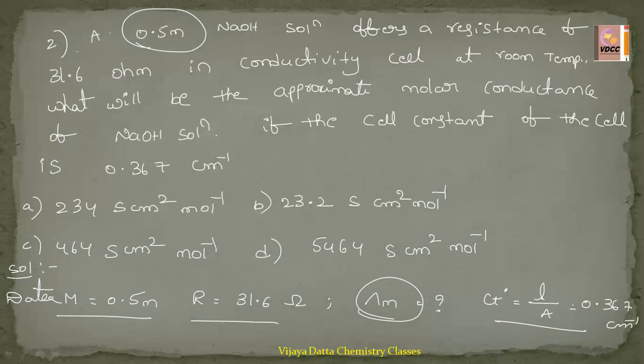We have a direct formula: kappa equal to conductance G into L by A. L by A is given directly. G is nothing but conductance.